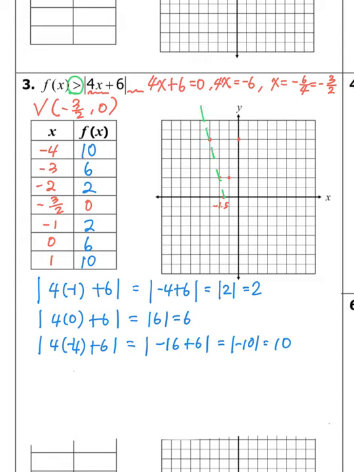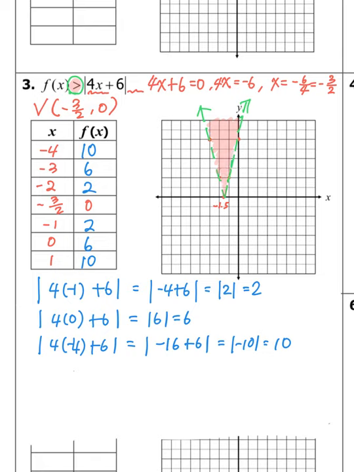And the other side. All right. Now we need to shade the appropriate region. Since the inequality is greater than, it will be above the line.